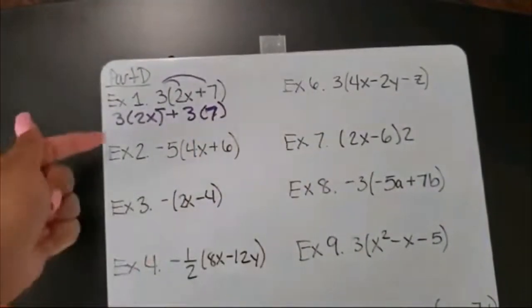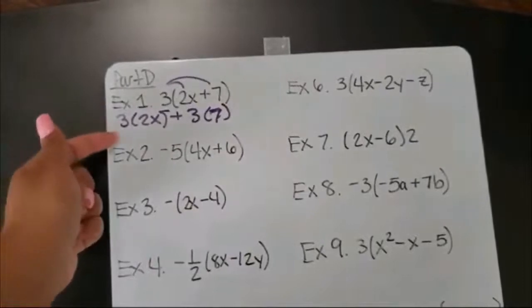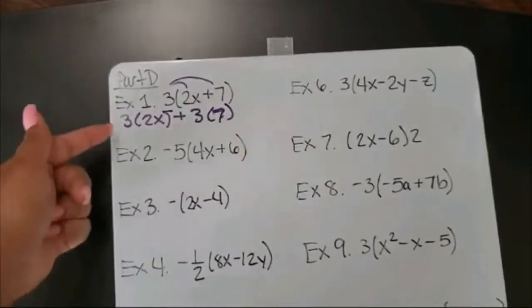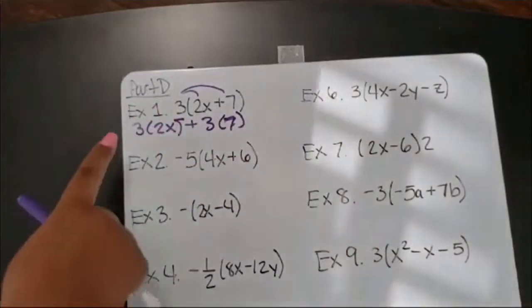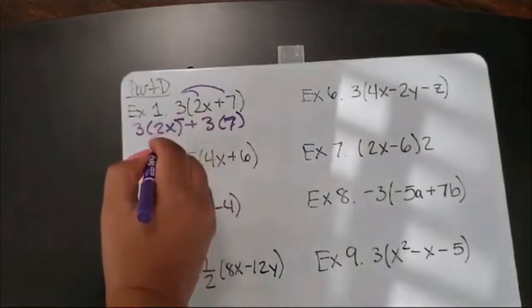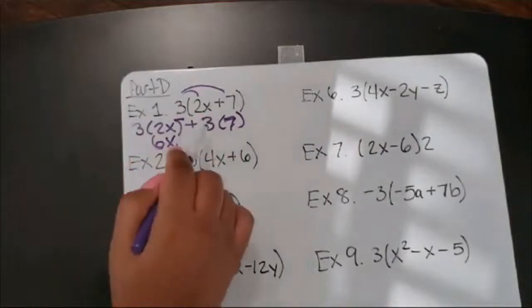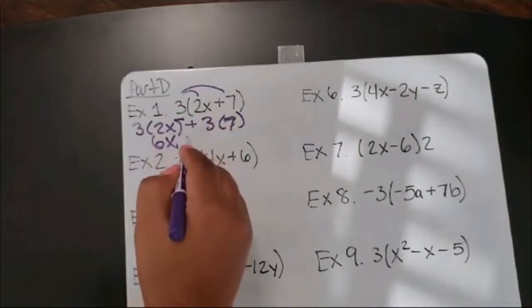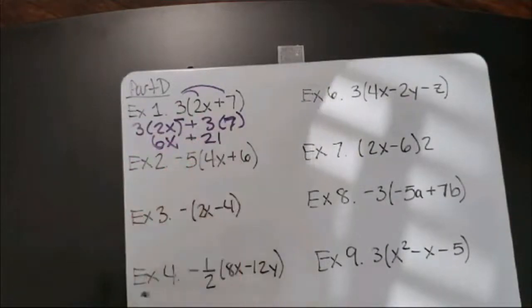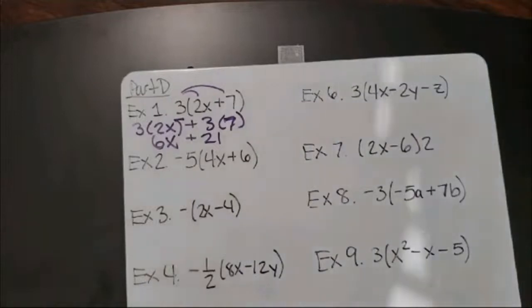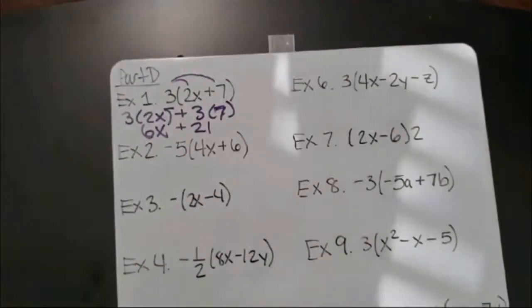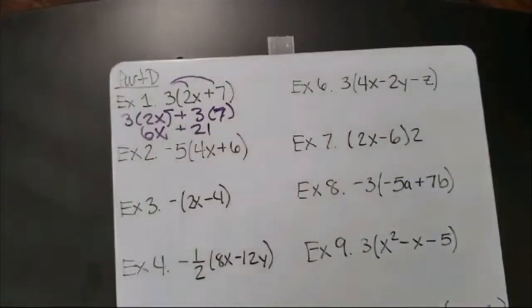So definitely write this step to see exactly what you have to do. So 3 times 2x is 6x, and 3 times 7 is plus 21. All right, so that is the final answer for that one.